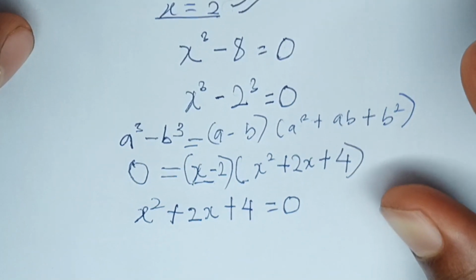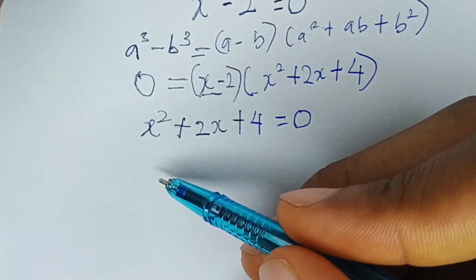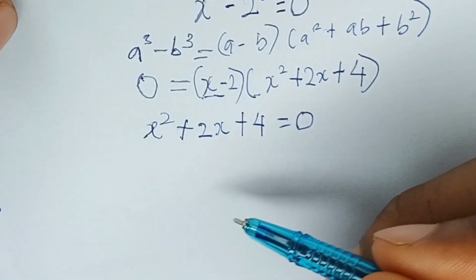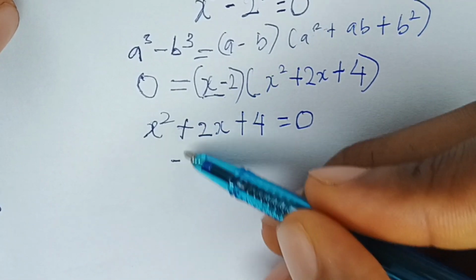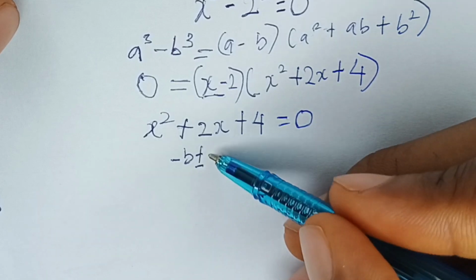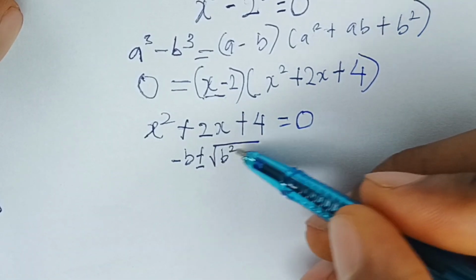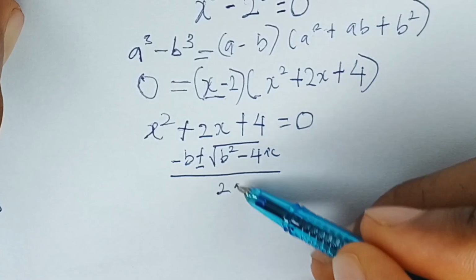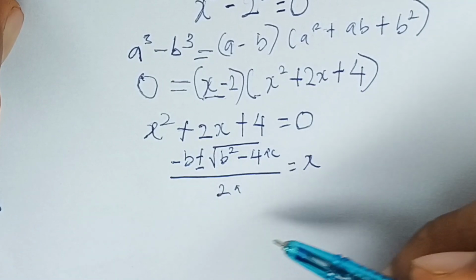From here we can use the quadratic formula to solve this equation: x equals minus b plus or minus the square root of b squared minus 4ac, all over 2a.